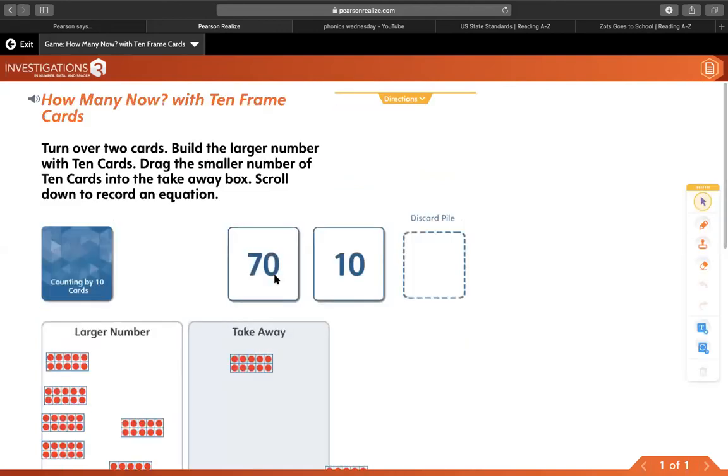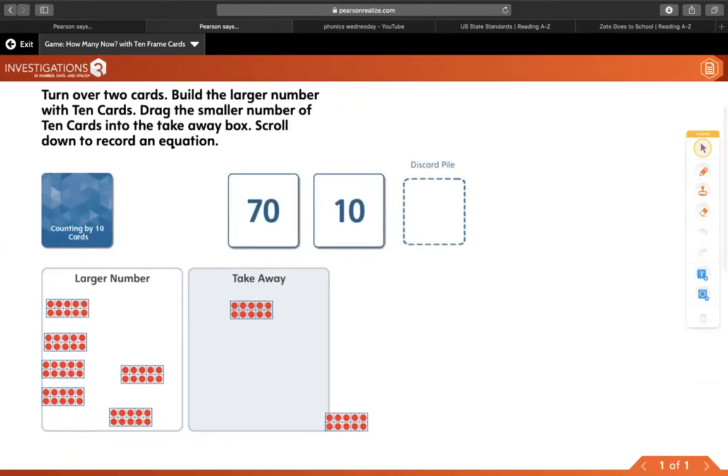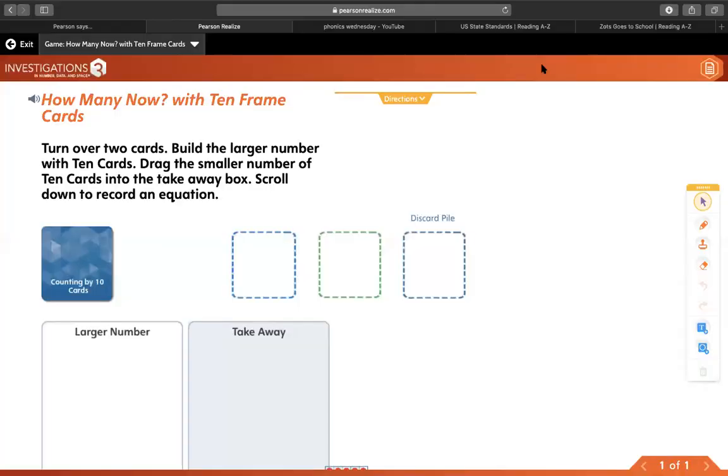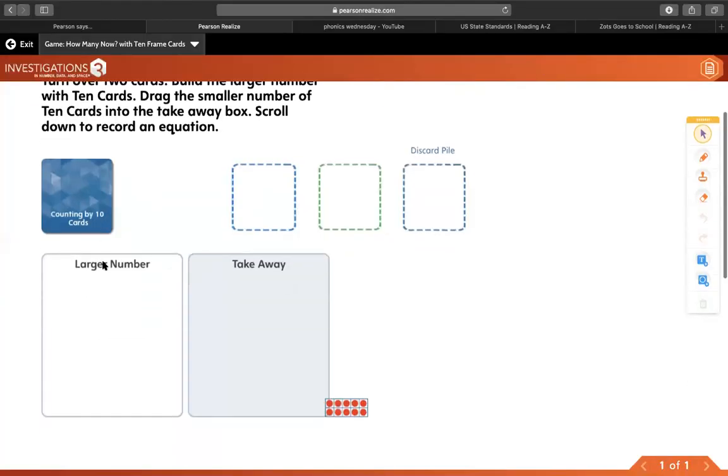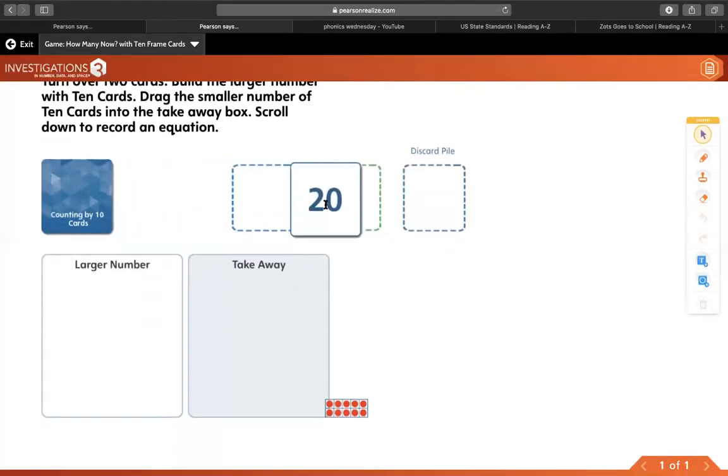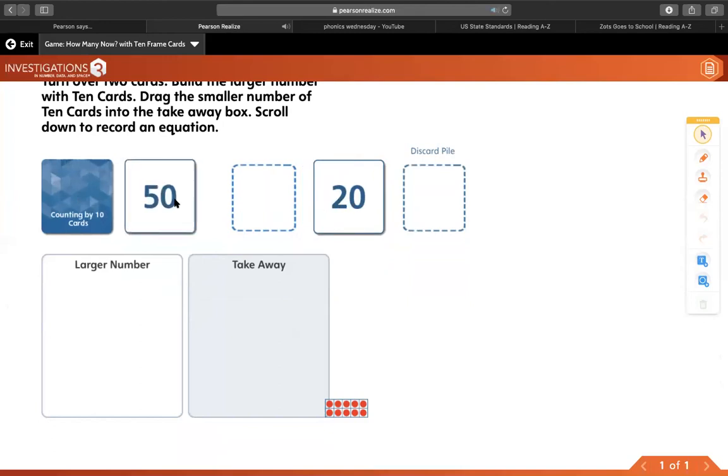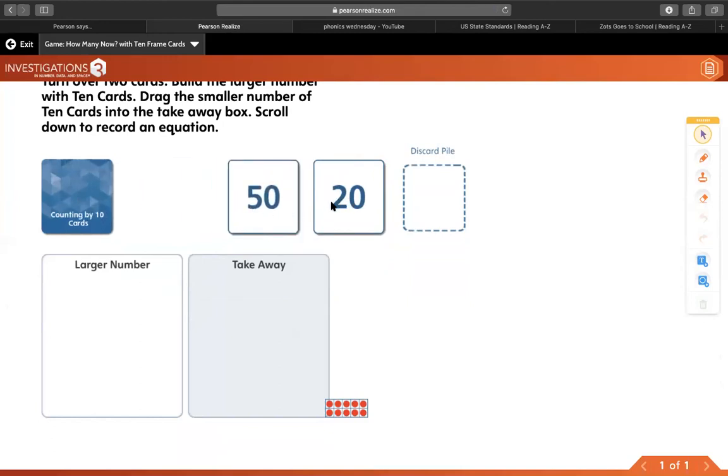All right, let's try one more. This is our last one. I have 20 and 50. So I'm going to take 20 away from 50. I need to start with 50 dots or 5 10 frames. Here's 10, 20, 30, 40, 50.